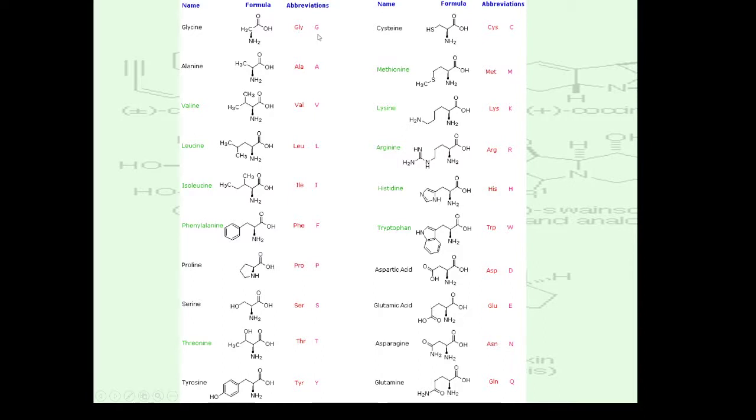In all my time, I've only seen the 1-letter abbreviation used maybe a handful of times. It's usually the 3-letter abbreviation that's used. So I would be familiar, if I were you, with not only the structure and the full name, but the 3-letter abbreviation. What we're looking at is different side chains, and glycine is the simplest one.